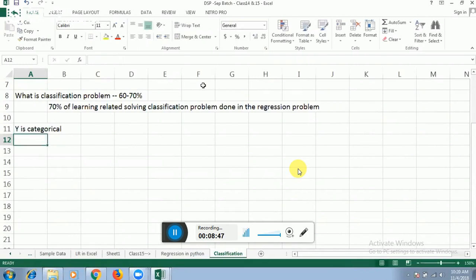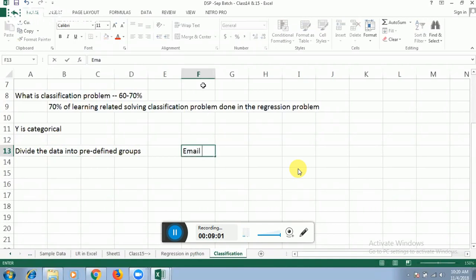So divide the data into classes. Email spam, so email detection, type of mail. Okay. Churn versus not churn. Customer is fraud or not. Okay.